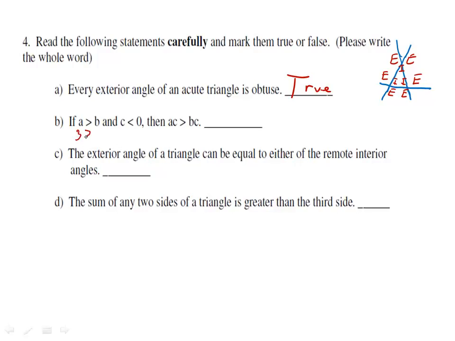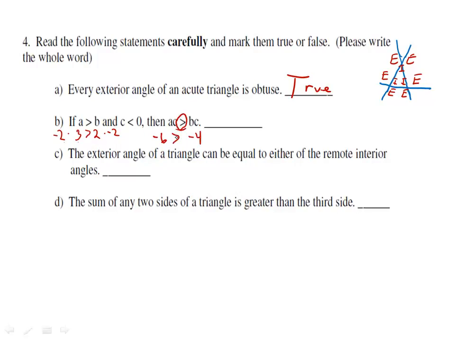So let's say 3 and 2. Here's the one way you can always tell. C is less than 0, let's say it's negative 2. Alright, so we multiply both sides by negative 2 now. That gives us negative 2 times 3 is negative 6. And 2 times negative 2 is negative 4. Alright, so they're saying greater than?